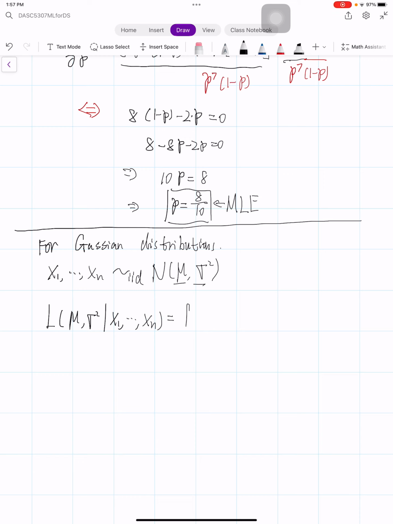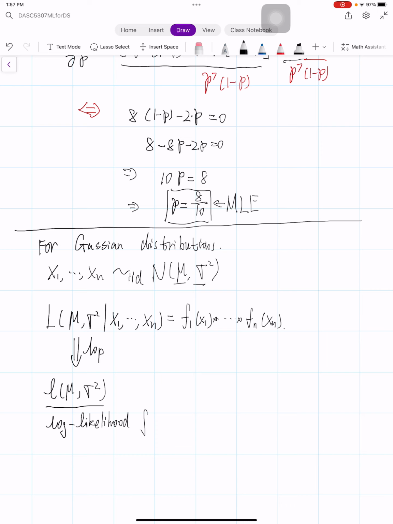This is nothing but the product of their densities, f1 of x1 multiplied through fn of xn. And we take a log. Usually we use a capital L to denote the likelihood function, and after taking the log, it's called the log likelihood function.